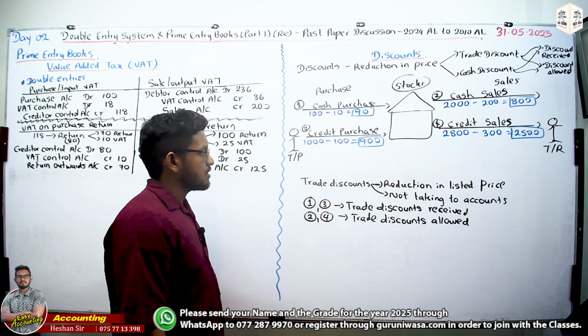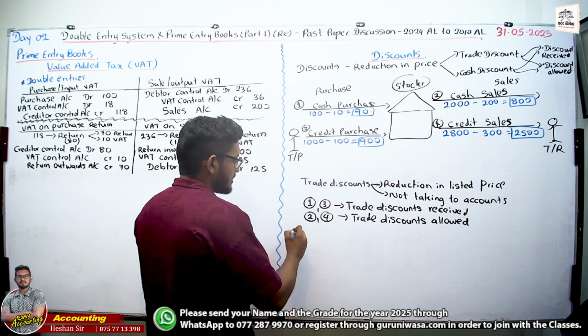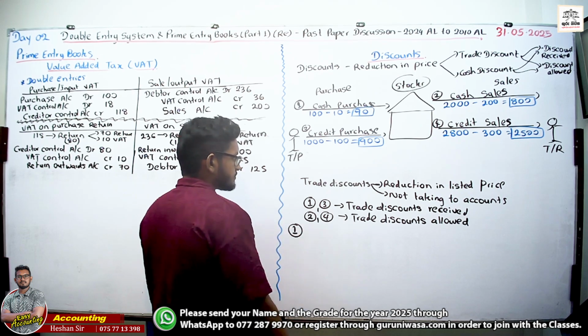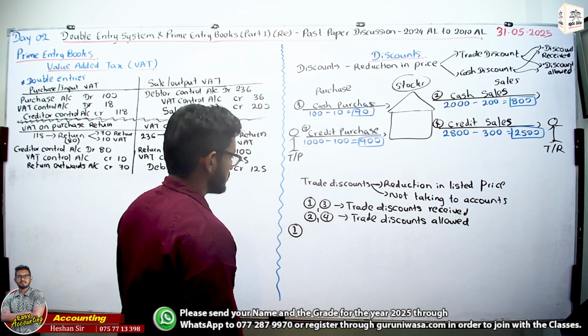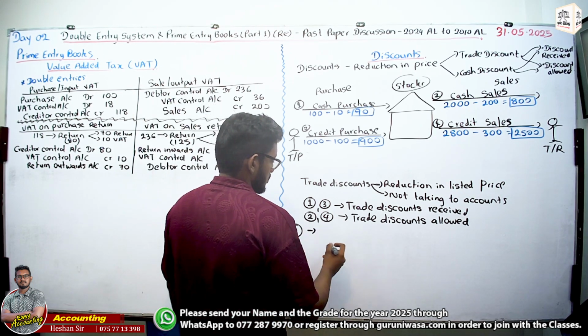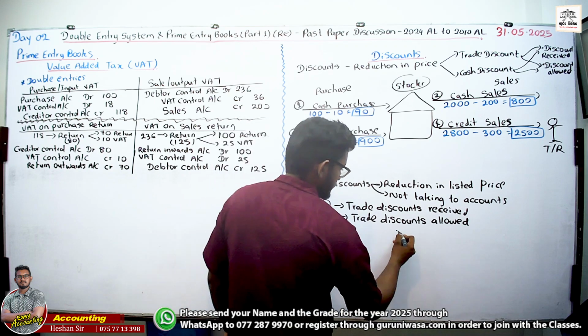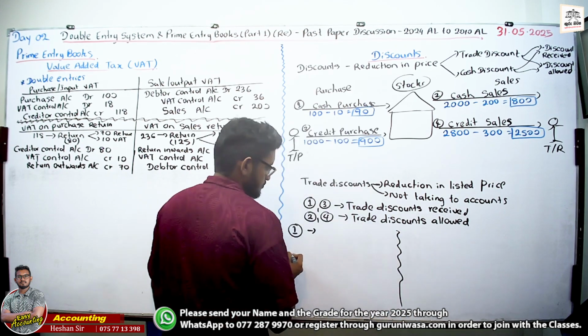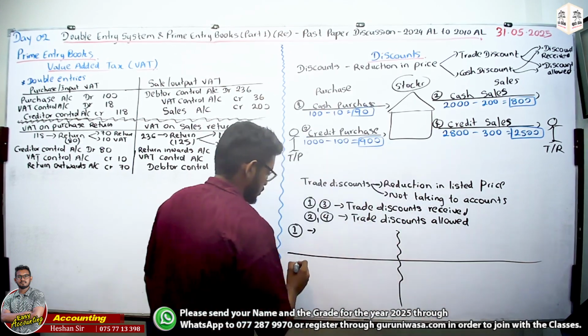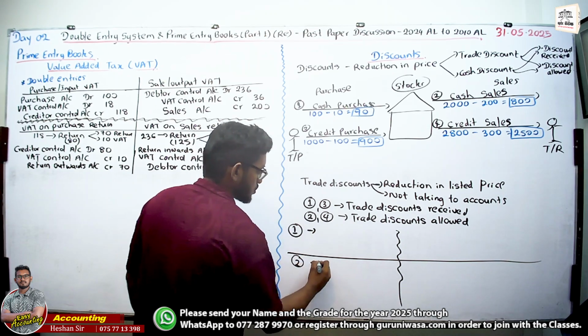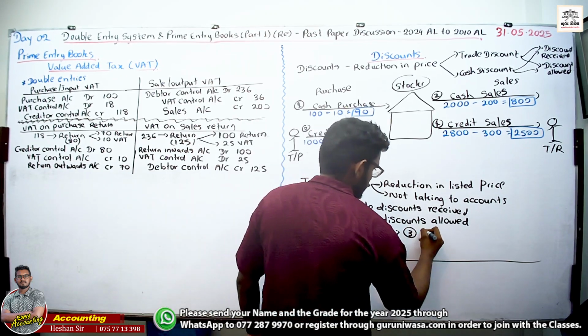So when it comes to the double entries, I'll take 1, 2, 3 and 4.